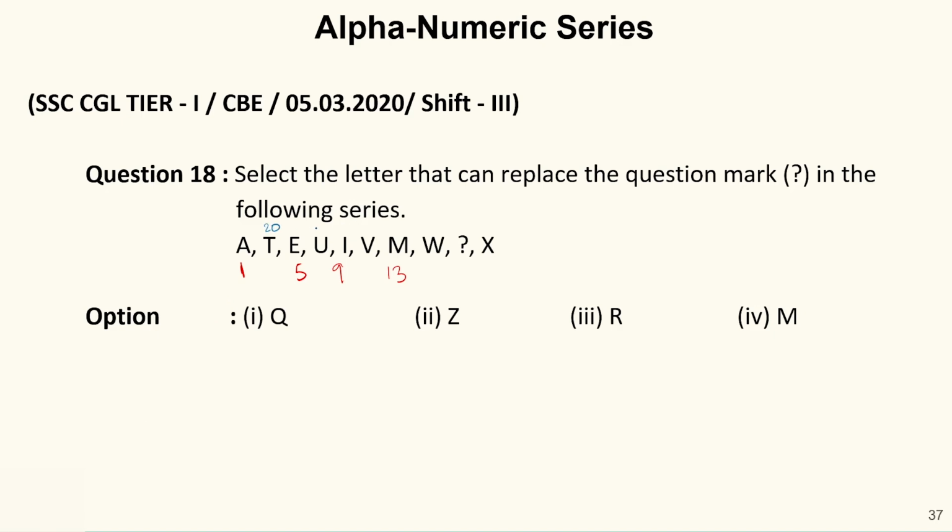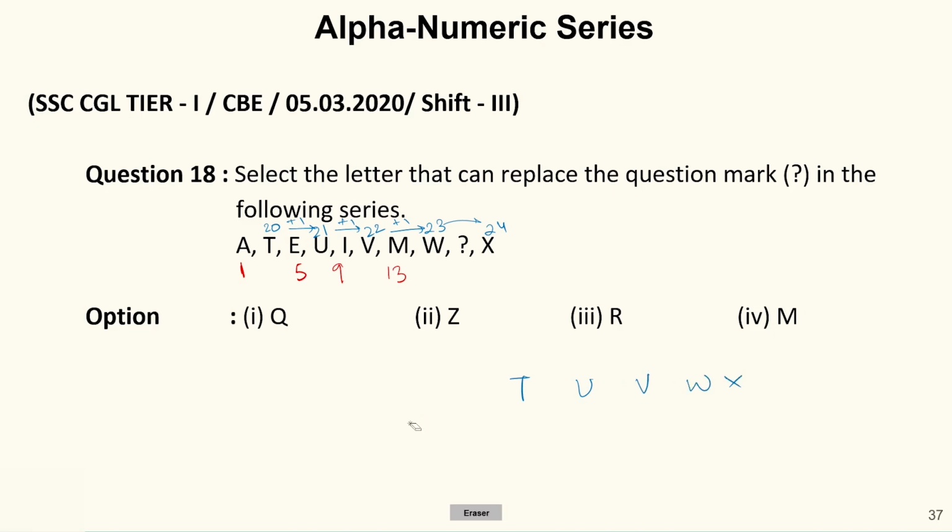U is positioned at 21. V is positioned at 22. W is positioned at 23. And X is positioned at 24. So very easily we can see that one position is being increased, right? So the second series is T, U, V, W, and X.